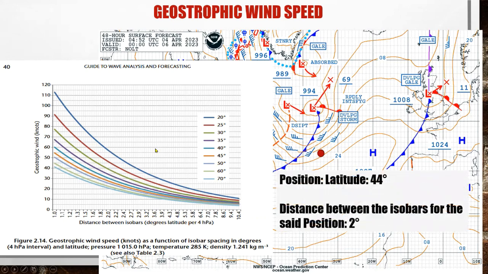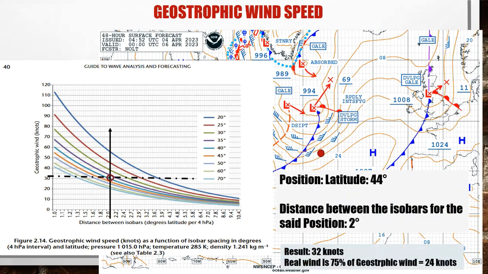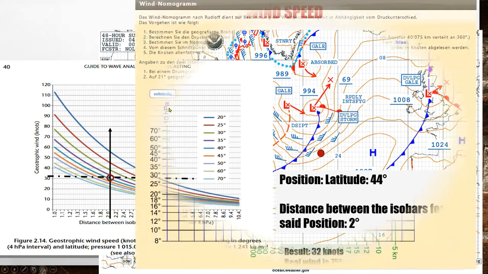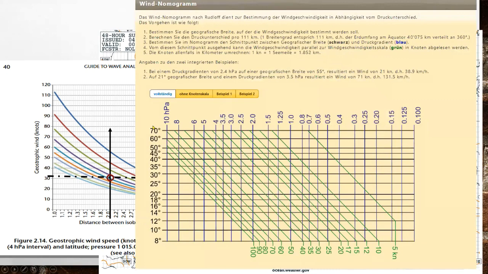So again, 44 degrees, and the result is 32 knots. It means 24 knots wind speed. If we now compare this with the wind diagram, and not with Rudolph's wind curve, but with this wind diagram, then in this diagram we need the pressure difference at 1 degree, and that has to be taken.